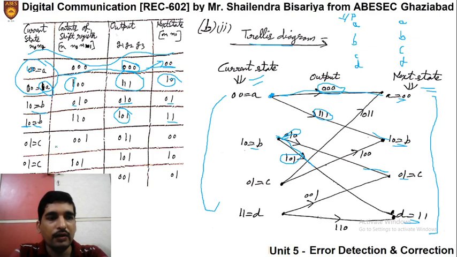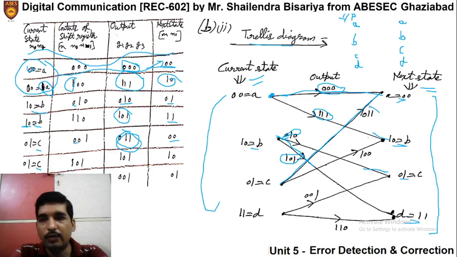Similarly, we can write for C and D. Let us take one more, C. From state C, if the input is 0, the state will become A, and the corresponding output for this case is 0 1 1.